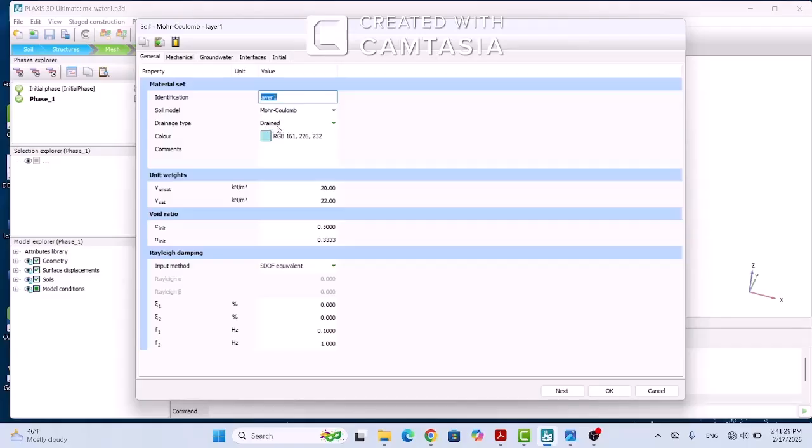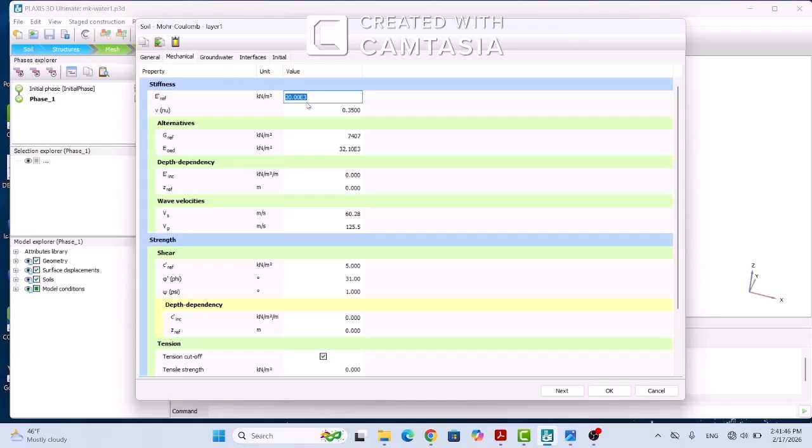The constitutive model is Mohr Coulomb. For mechanical, stiffness is 2000, Poisson's ratio is 0.35, cohesion is 5 kilopascal, friction angle is 31, and dilation is 1. And these are all the things that we must define.